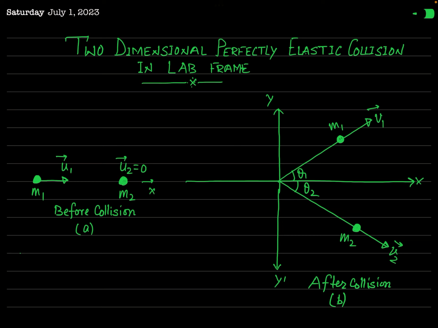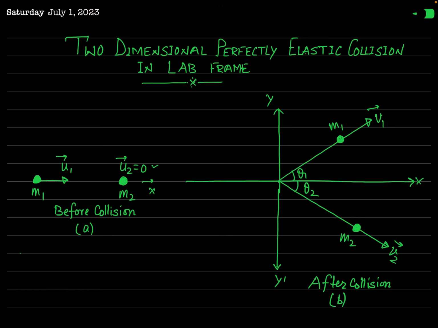This particle of mass m1 collides with another particle of mass m2, and I have considered that the second particle is at rest. So you can see in the figure that the velocity of the particle of mass m2, which is u2, is equal to 0.